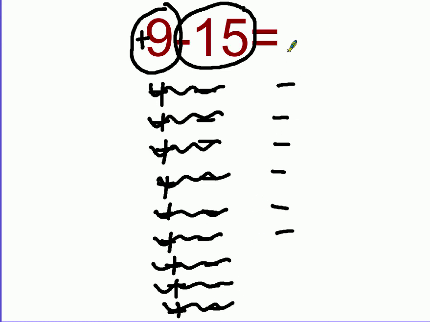So here we see again that we are out of superheroes to battle villains, and there are just villains left to hang out. So 1, 2, 3, 4, 5, 6 villains for a final answer of -6.